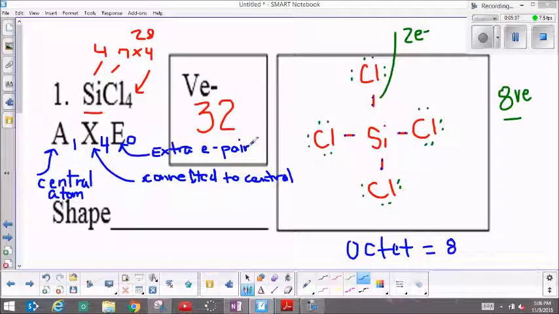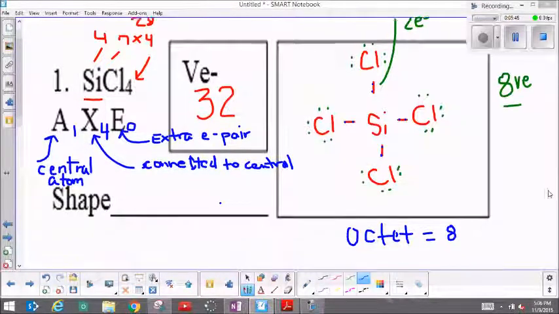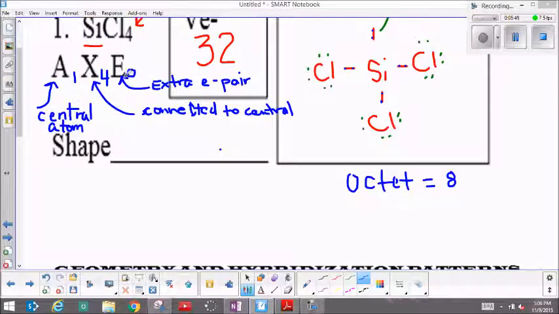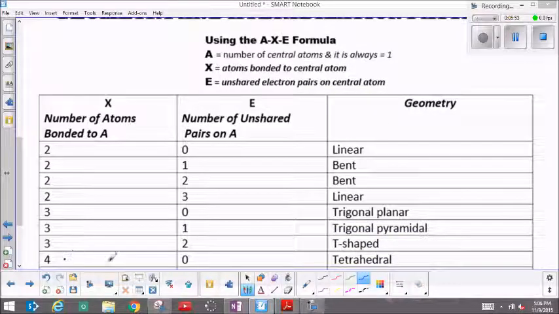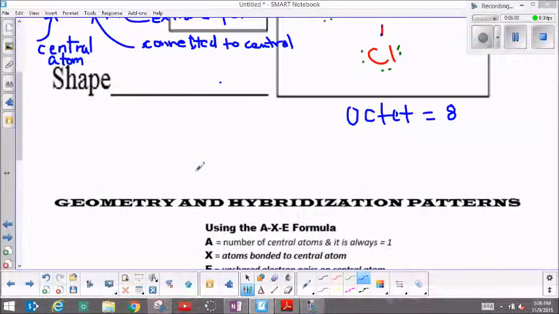So I'm going to go look at an AXE chart. I did it on this actual document, so scroll down here. I'm looking for a 4, 0. If I look on the AXE chart for the 4, 0, it makes the shape of this molecule tetrahedral.